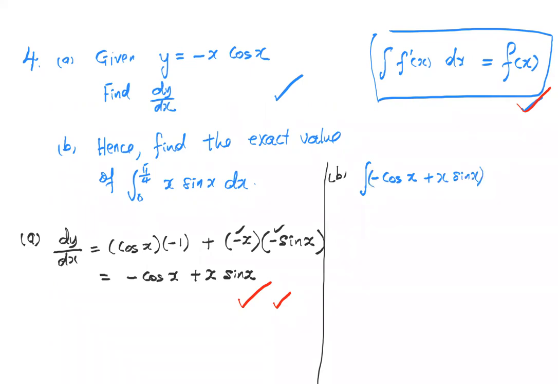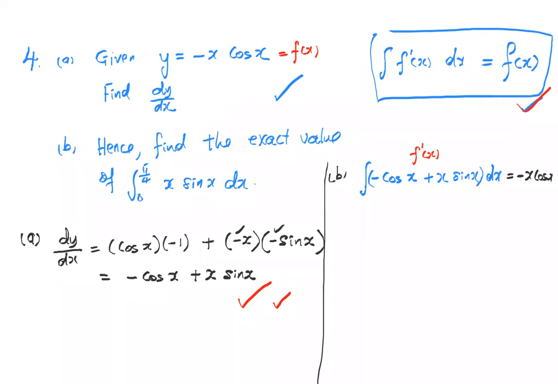This is my f'(x), correct? So I just write this one down. And this is my f(x). So if I integrate my f'(x), what will I get? I get back my f(x). So my f(x) is negative x cos x.